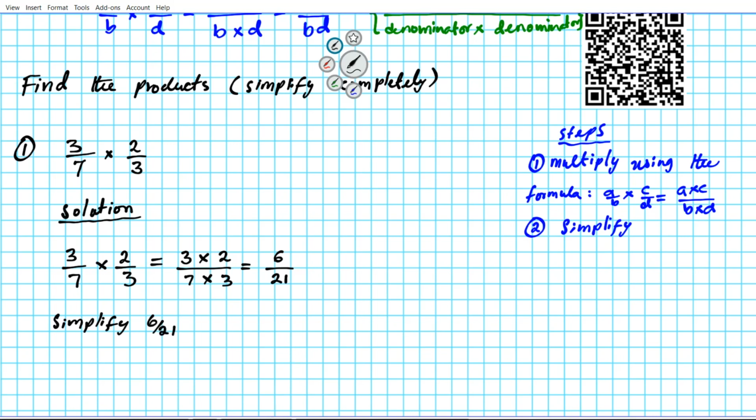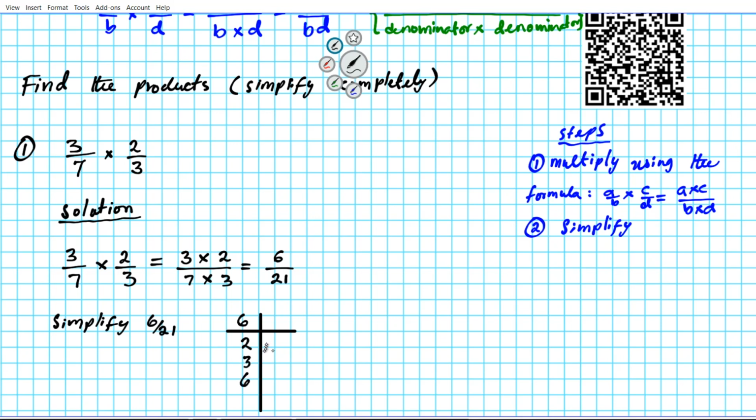So to do that, we are going to write down the common factors, okay? And then we pick the greatest common factor because that's basically the fastest way to simplify. So starting with 6, the factors of 6 are 2, 3, and 6.